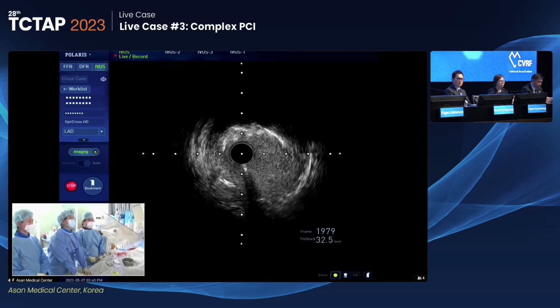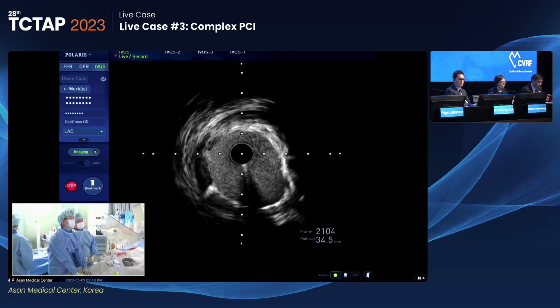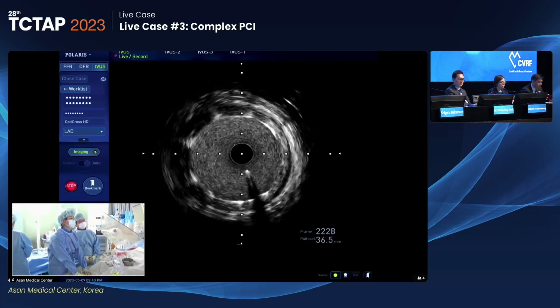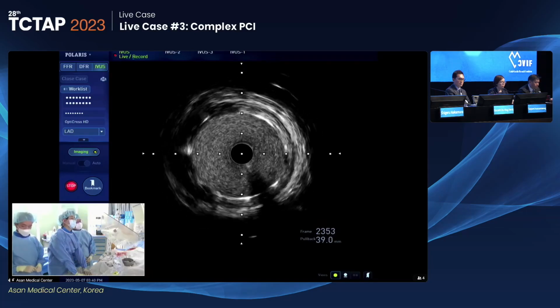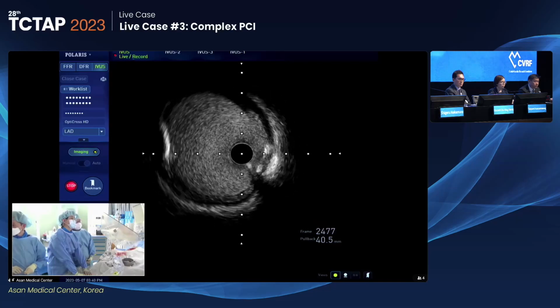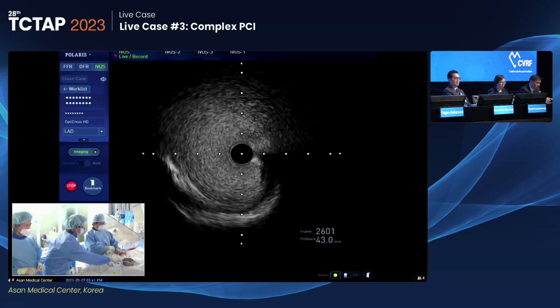Some operators apply high pressure using the stent balloon, but I believe that the stent balloon, even at 18 atmospheres, 20 atmospheres, is not high pressure balloon dilatation compared with a real non-compliant balloon.